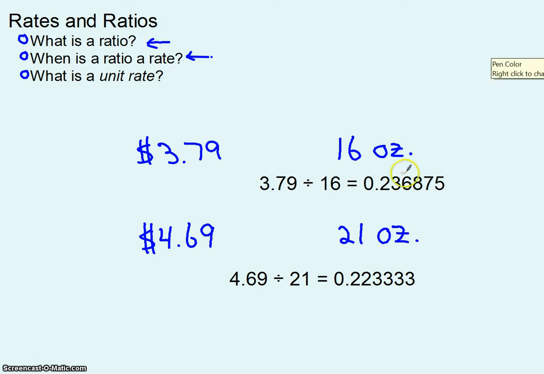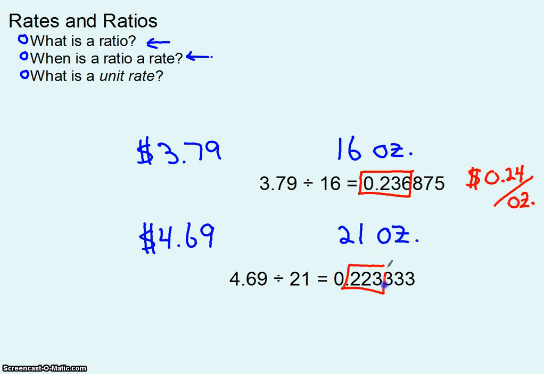This apparently means it's about 24 cents for each ounce, and this one apparently is about 22 cents for each ounce. So what I've done is calculate how much 1 unit is, so now I can compare them more easily. This one's 22 cents an ounce, where this one was 24 cents an ounce, so apparently the bigger bottle is a better deal.